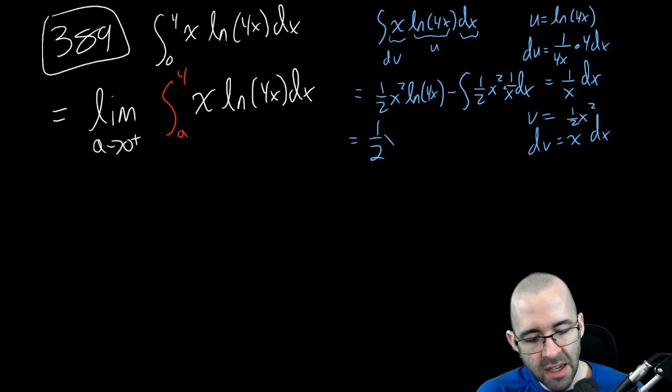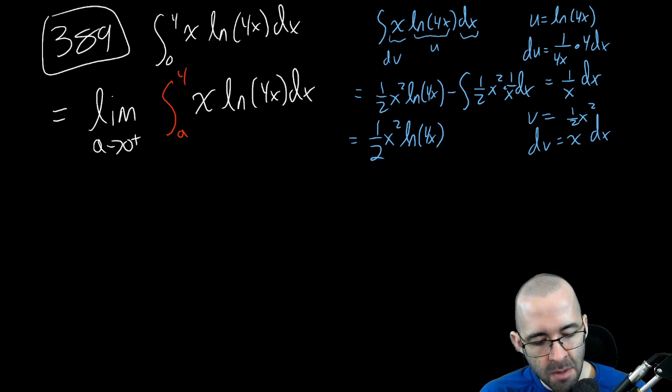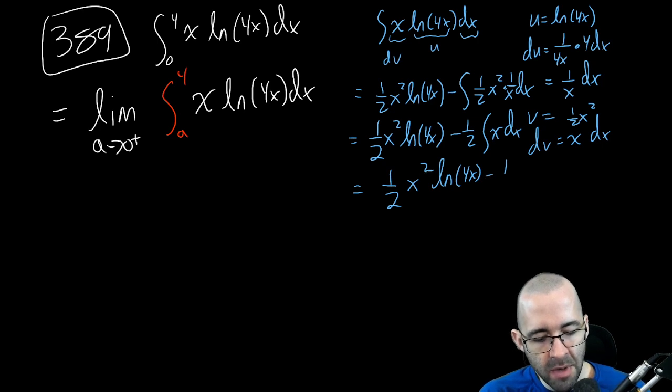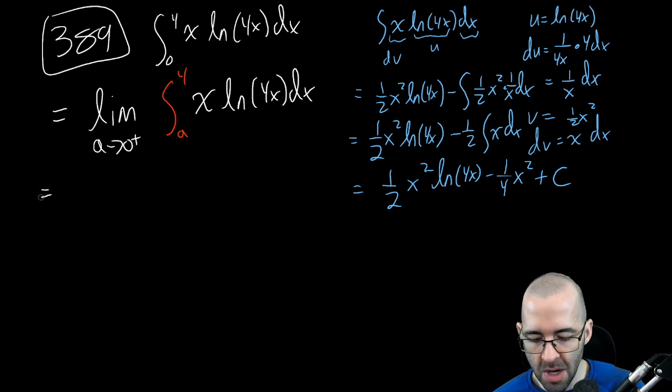We can keep simplifying. 1/2 x squared ln of 4x, minus 1/2 the integral of just x dx. This is 1/2 x squared ln of 4x. We've done similar integrals to this before. Minus 1/4 x squared plus c. That's our antiderivative. So we can resume our problem.